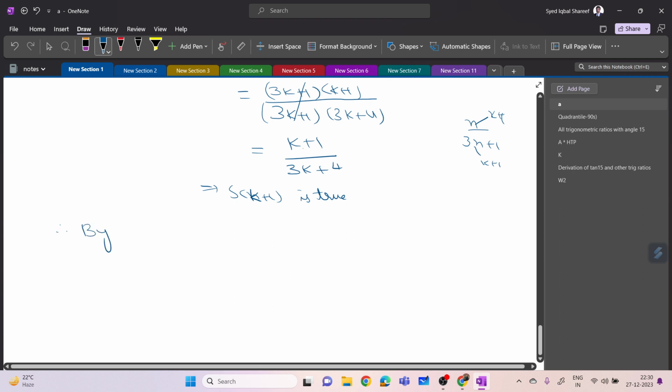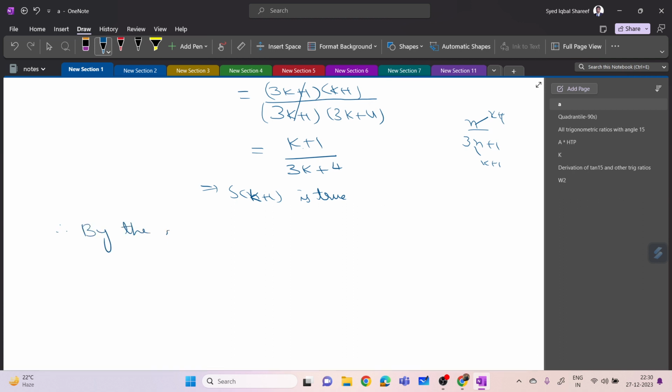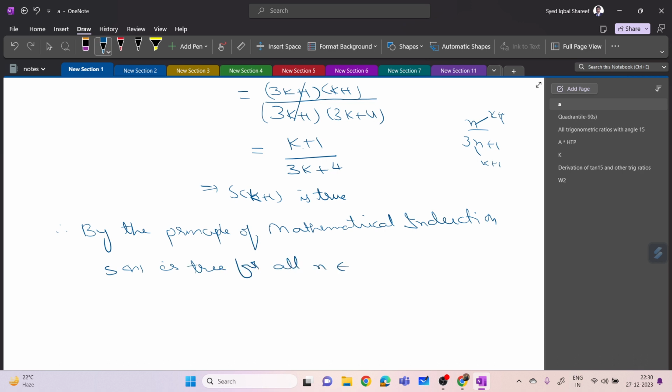Therefore, by the principle of mathematical induction, S of n is true for all values of n belonging to natural numbers. The problem is a little bit big, but it's an easy one. Only 3 steps are there to prove.